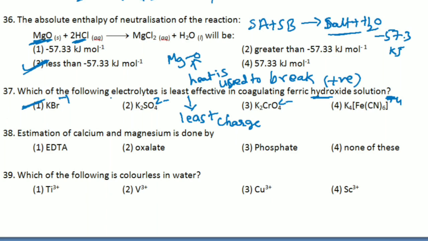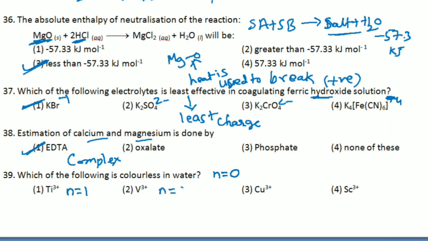Right? Now 38th question, calcium and magnesium is done by, remember, EDTA. The reason for that is EDTA can form complex with calcium and magnesium, but the remaining can react to form some compound. Which of the following is colorless in water? Colorless in water means number of unpaired electrons is equal to 0. In which case is it 0? Ti3 plus, n is equal to 1.